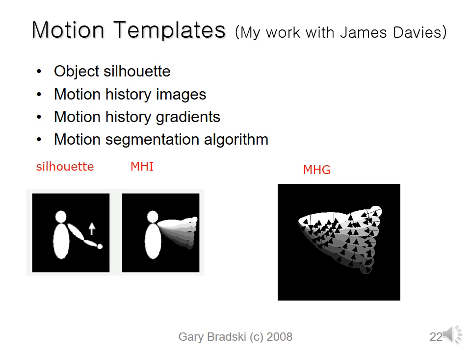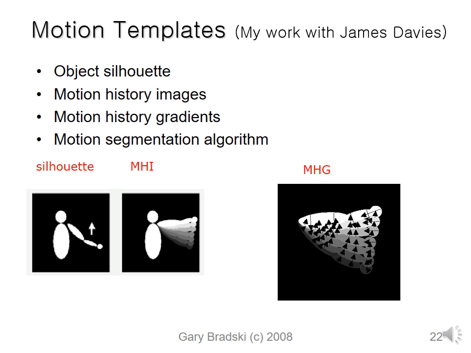Another segmentation technique called motion template is also provided. When an object silhouette is achieved here, and some part of the body is moving, this arm is moving, this image is called the motion history image, MHI. And based on that motion history image, the motion history gradients image is calculated like this.